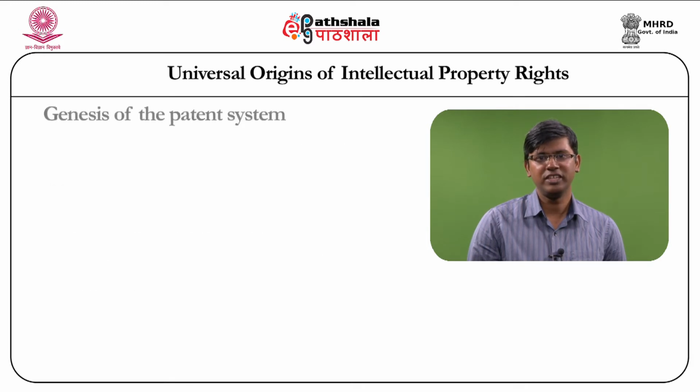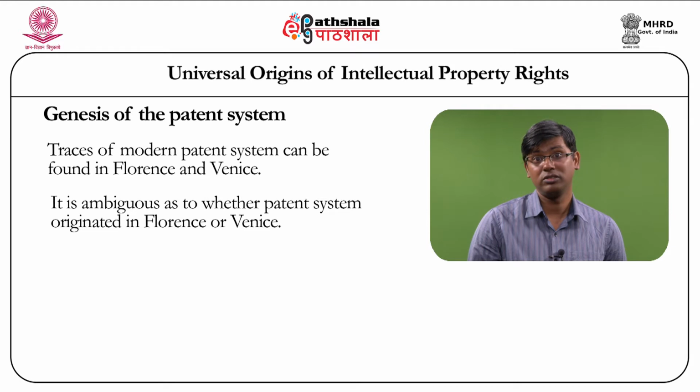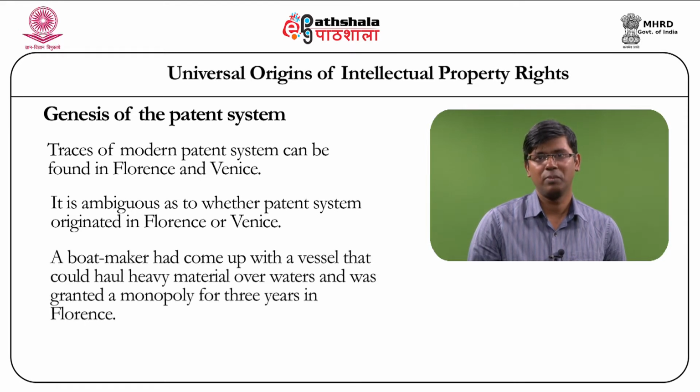Right? The genesis of the patent system can be found in Florence and Venice. It is ambiguous whether Florence or Venice granted the first patent, but records demonstrate that a boat maker who had come up with a vessel that could haul heavy material over the waters was granted a monopoly for 3 years in the municipal city of Florence.